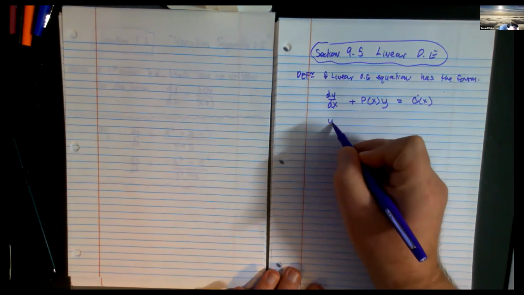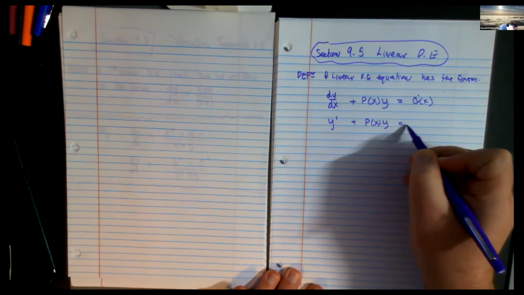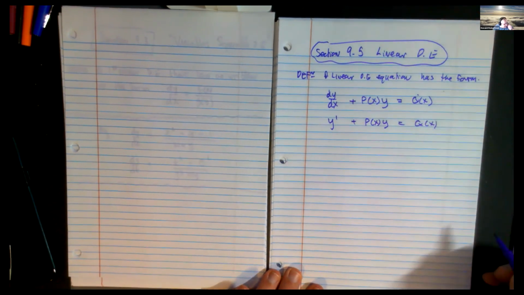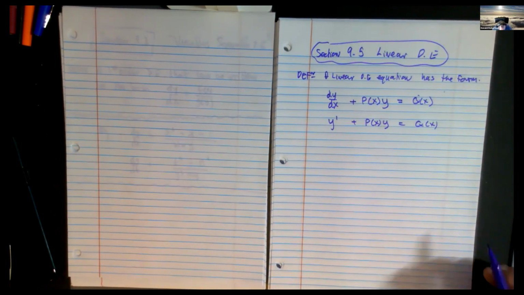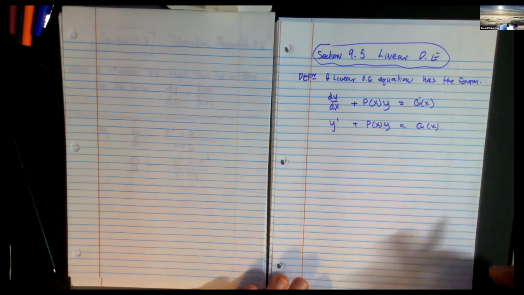You'll also see it written like that. Now, if it's written like that, you will never be able to get a variable separable out of it, right? They are quite different.